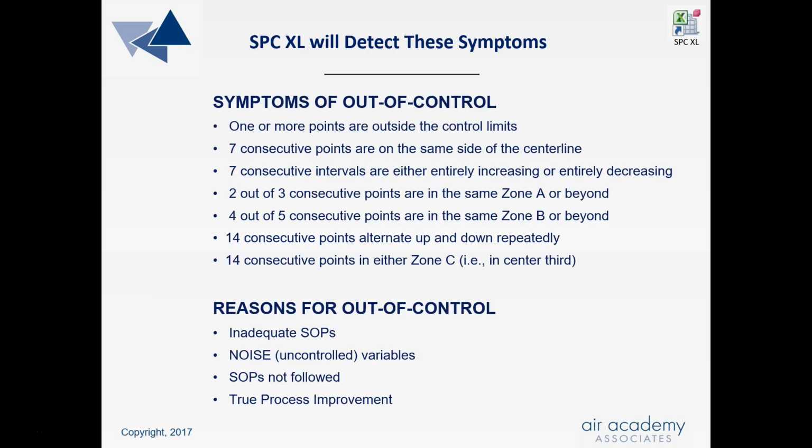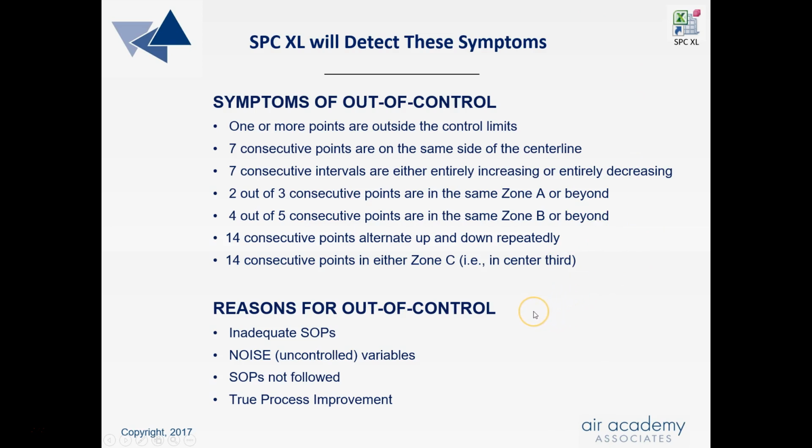SPC Excel will then use these zones to help us detect certain symptoms that indicate out of control behavior. Now, we are not going to go over these right now because I'm going to give you a graphical example of each of these 7, but I do want to point out the various reasons for out of control behavior. First, let me just mention the term out of control.